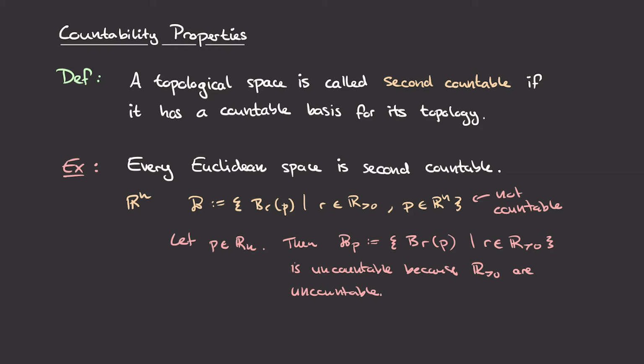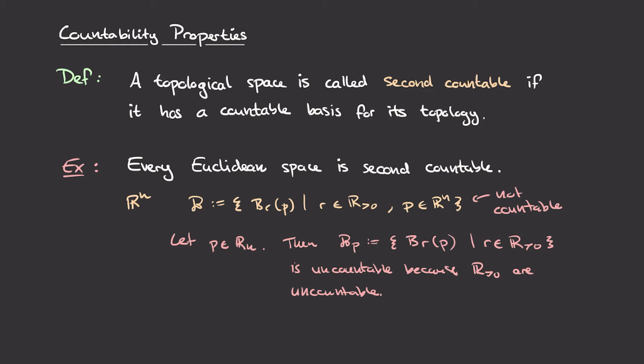In fact, the cardinalities of this collection B_P and the positive real numbers coincide because for each radius in the positive reals, we have some element in the collection, and conversely, if we take some open ball around P in the collection B_P, it'll have a radius which lies in the positive reals, and these two maps are inverse to one another.